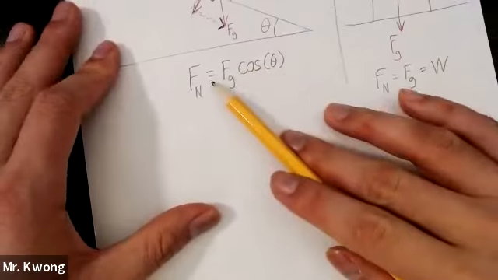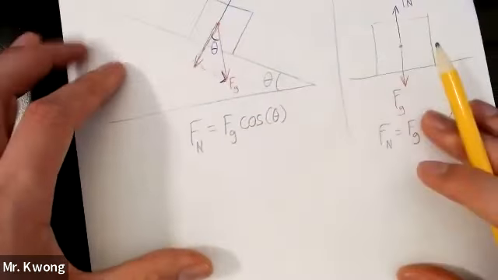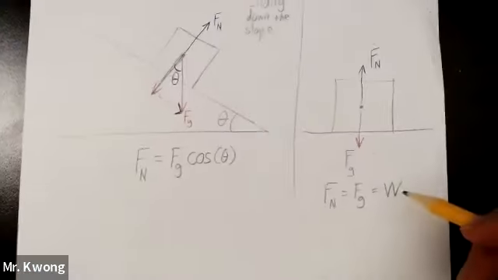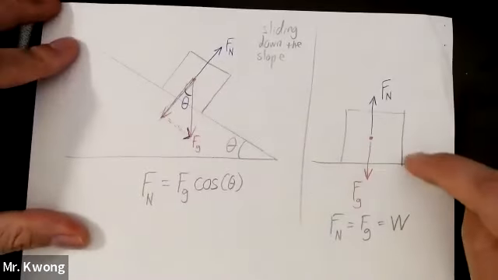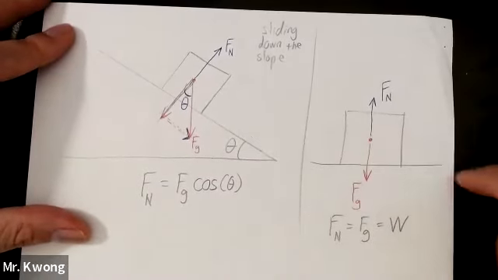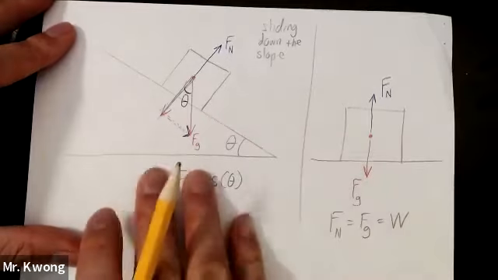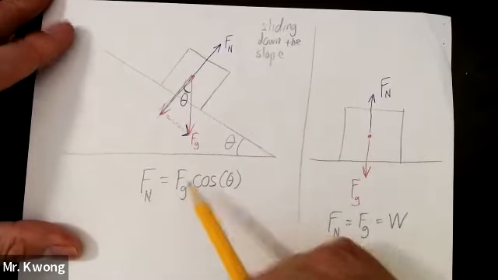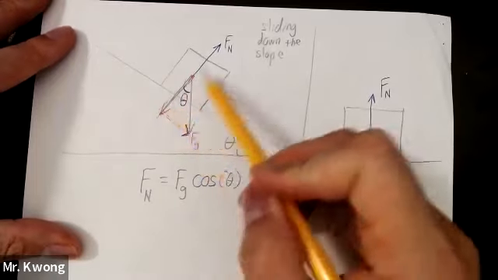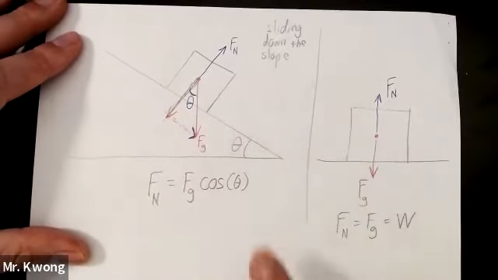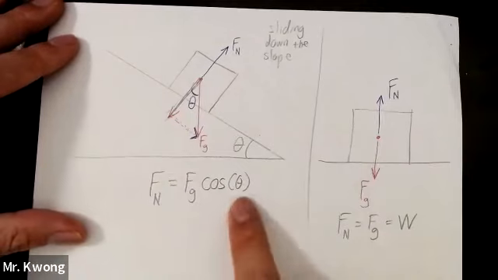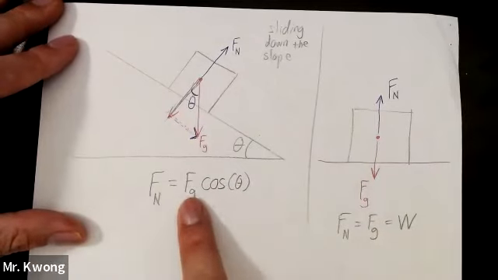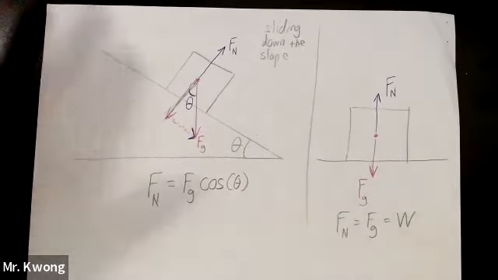So F of n is not just automatically equal to the weight of the object, as in this scenario when there's no incline. When we do have an incline, the normal force is equal to the force of gravity times the cosine of theta. Does anybody have questions about this new relationship between the normal force and the force of gravity at an incline?